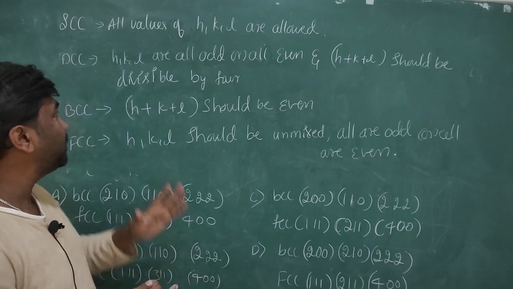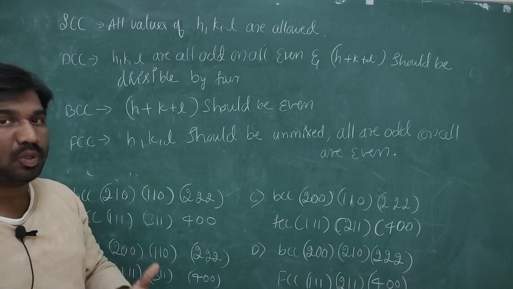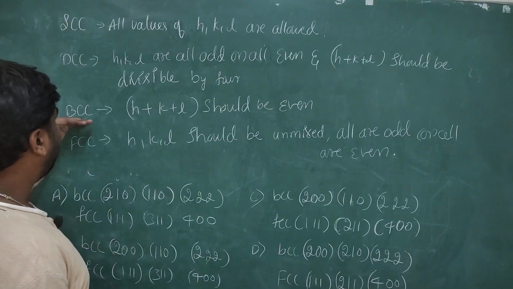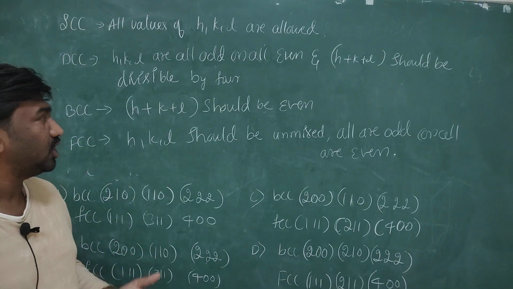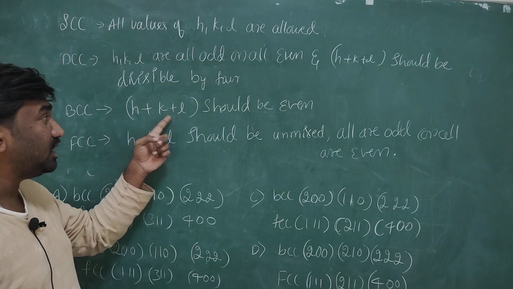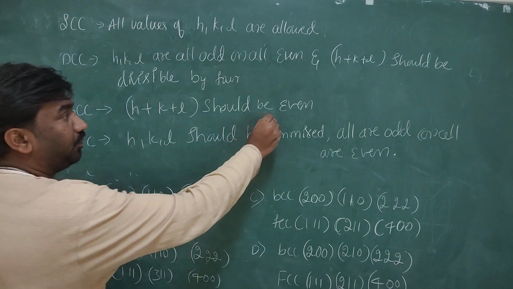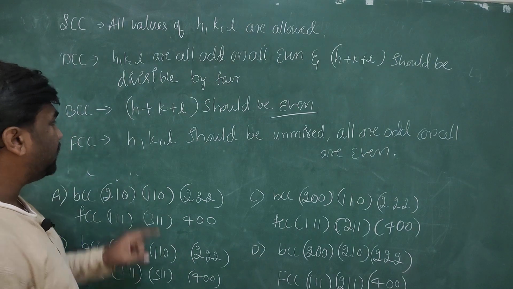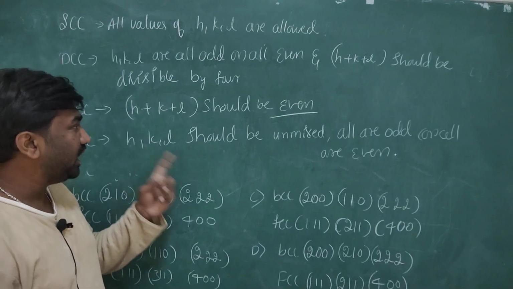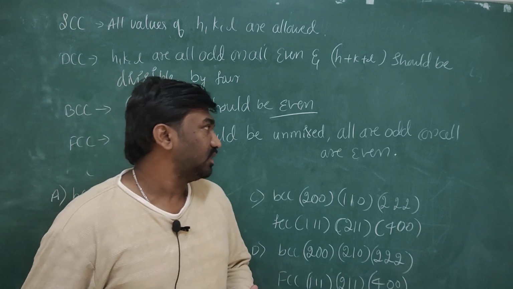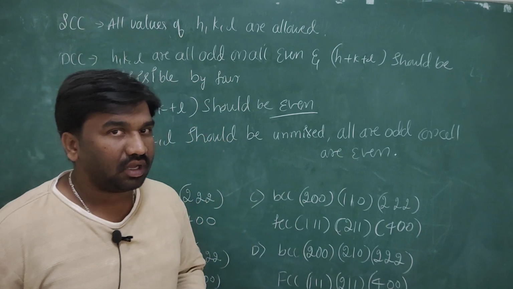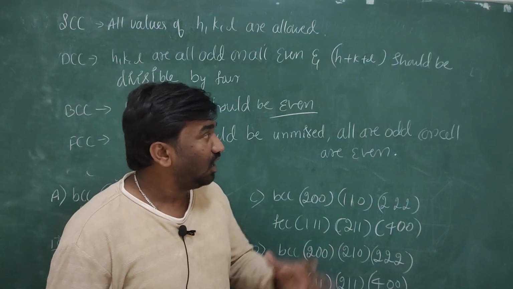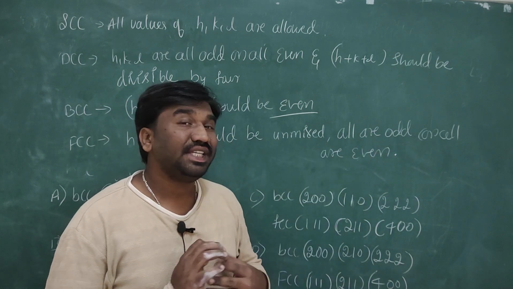For BCC, body centered cubic structure, h plus k plus L should be even. And for FCC, h, k, L should be unmixed: all odd or all even.